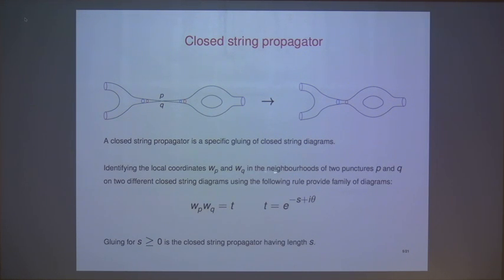Then identify these coordinates by saying that w_P = t / w_Q, where t is a complex number, t = e^{-s + iθ}. So you see that if you do this gluing, you are producing a family of string diagrams. And when s is greater than 0, this gluing corresponds to a closed string propagator having specific length s.